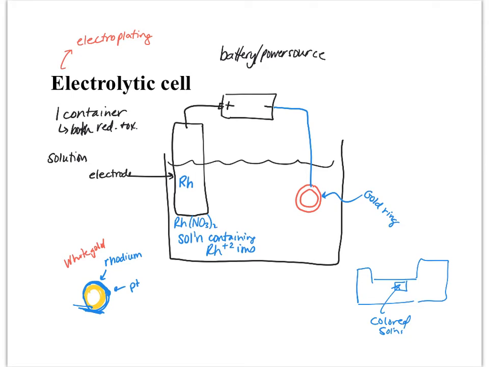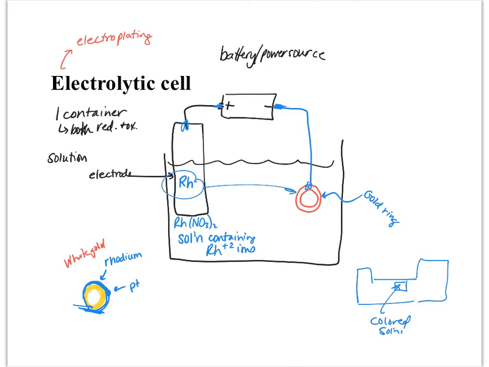When you connect the wires to the battery and clip it onto your objects, your metal that's going to do the plating and the object that is going to be plated, the reaction will start. I cannot just take a piece of rhodium and a ring and dip them in a solution and be like, look, it's magic, it's happening. You need a power source to force this metal onto this metal, okay?